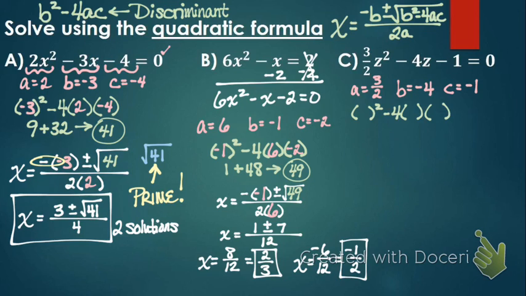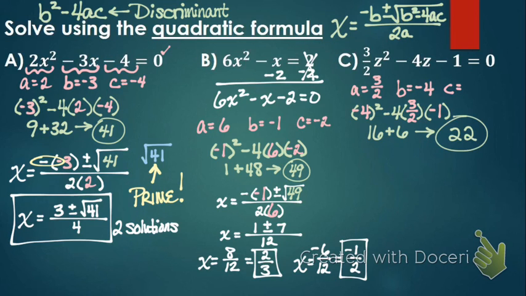So we're going to square the negative 4 and get, what? 16. And then 4 times 3/2 is 6. So negative 4 times 3/2, I have negative 6, but then I take it times negative 1. So I get a plus 6 right here. What's that going to give me? 22.